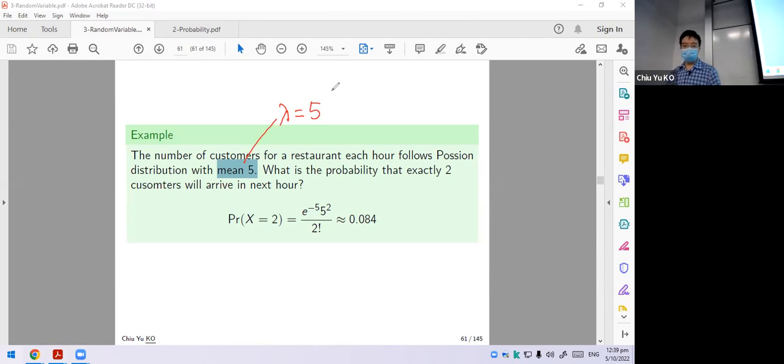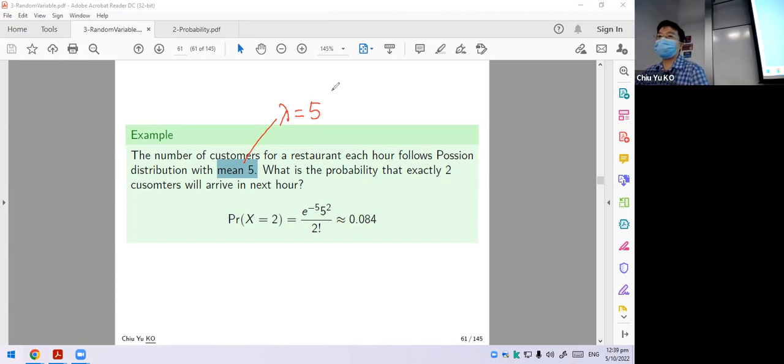And how do you get it? You just look at the data. Each hour, how many people come in? On average it is 5, then you put 5 there. That is coming from historical data. Look at the data, you figure out the mean is 5. When you try to predict the future, you also use 5 as the mean. Do you see how we apply it in practice? The 5 is not coming from the sky.